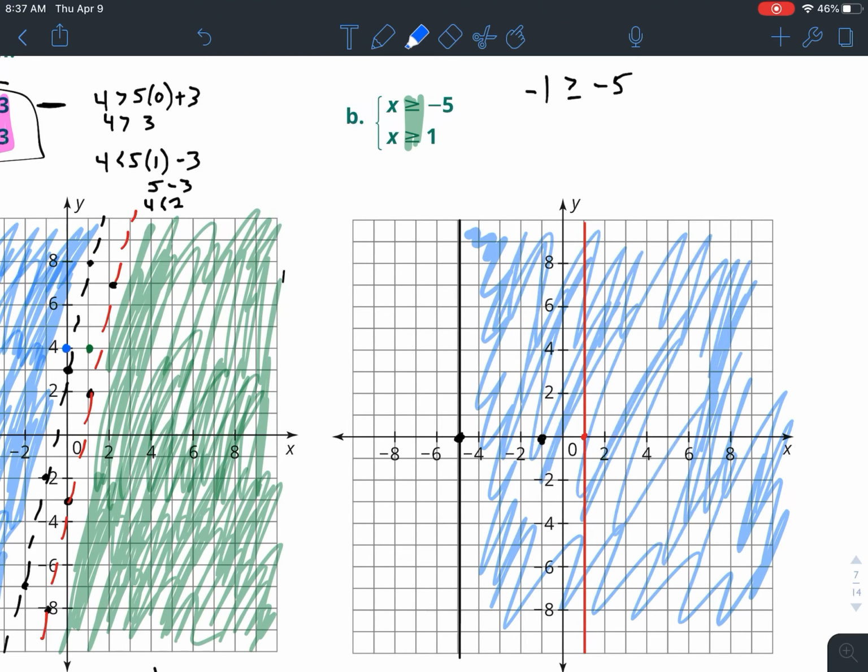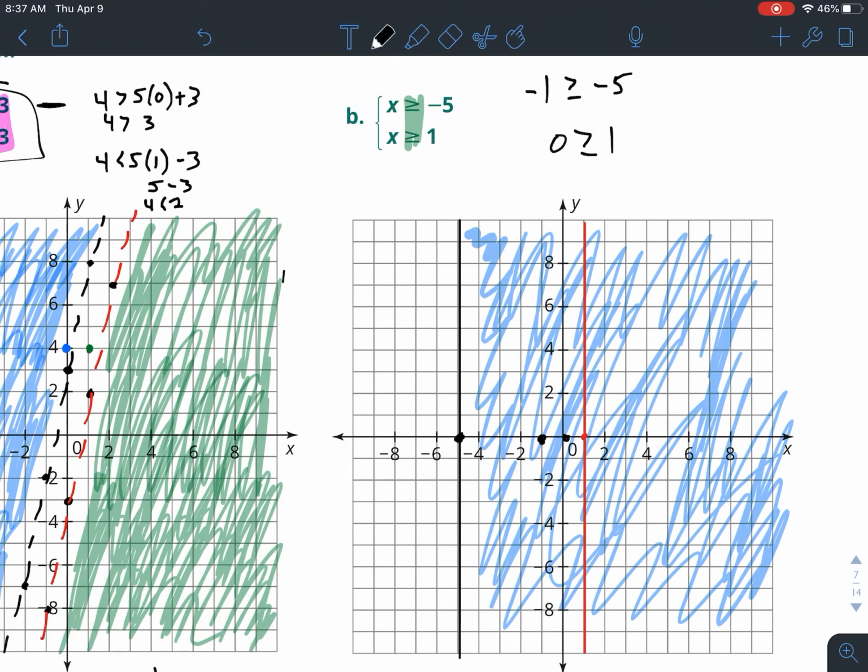Now, I'm going to pick a number to the left of the red. Okay, so I'm going to use the black color again. I'm going to pick, let's go 0. Okay, so 0 is greater than or equal to 1.